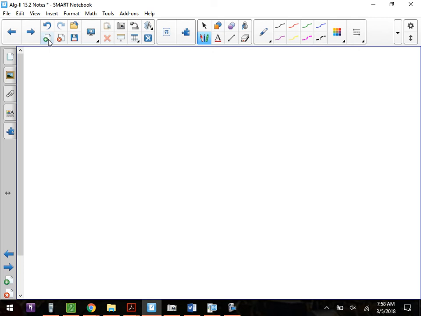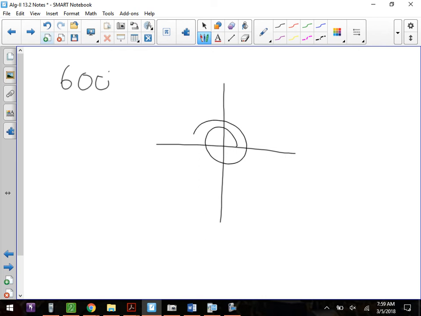So if I do, let's say, 600 degrees, I'm going to plot 600 degrees, and then I want to put out a positive and a negative coterminal angle. 600 degrees is one revolution, 360. If I go halfway, it'd be 540. And then this would just be another 60 degrees after that. So we go 360, 540, 600.